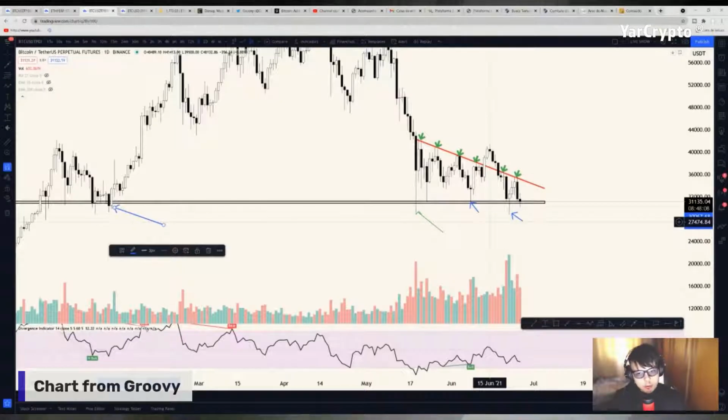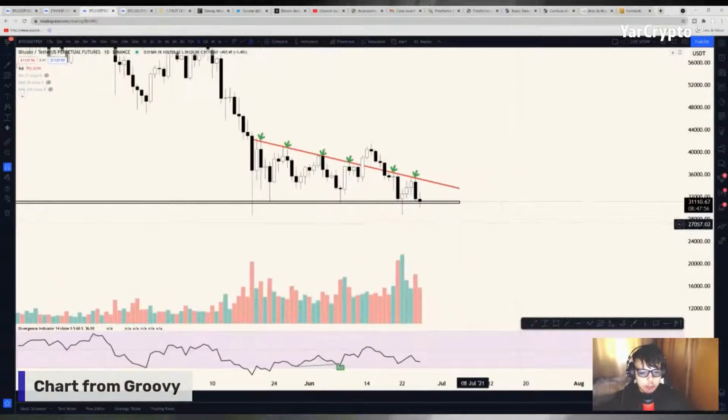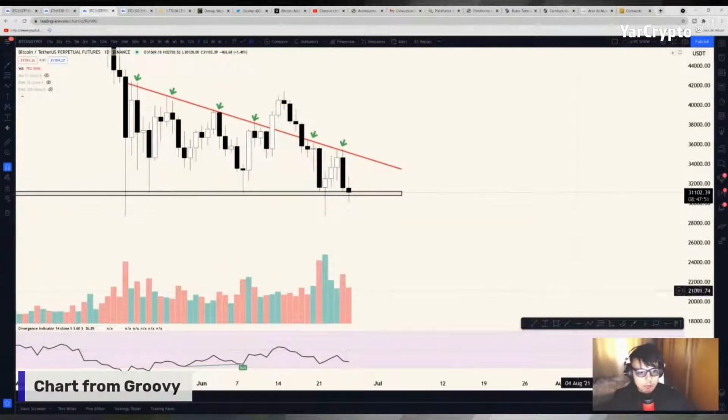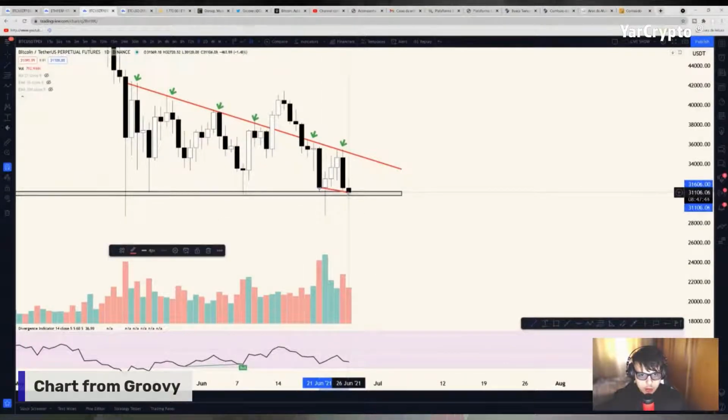And why do I think we're going to bounce here? There's a couple of things happening. If we look at the RSI on this daily time frame, there is a potential bullish divergence forming. For anyone who doesn't know, a bullish divergence happens when we make lower lows on the price, like in this case right here. You see that we had this low in this period, and right now we are making a lower low.